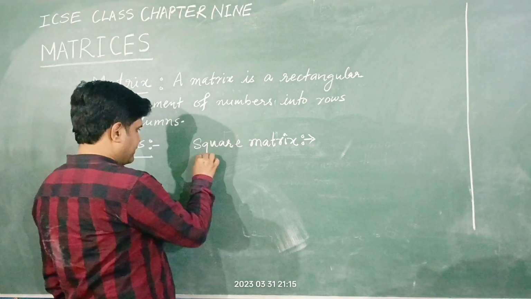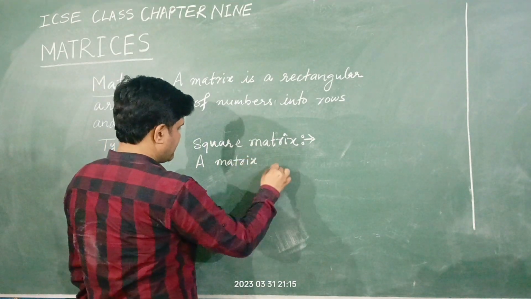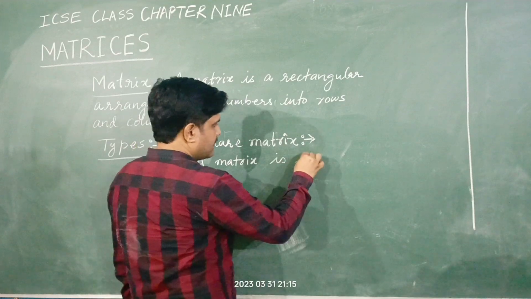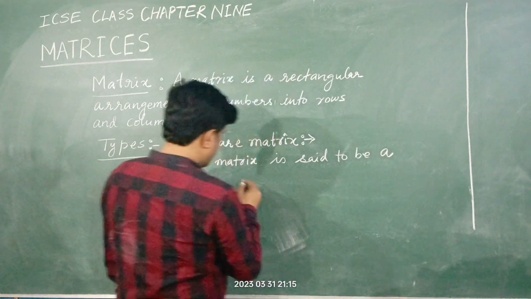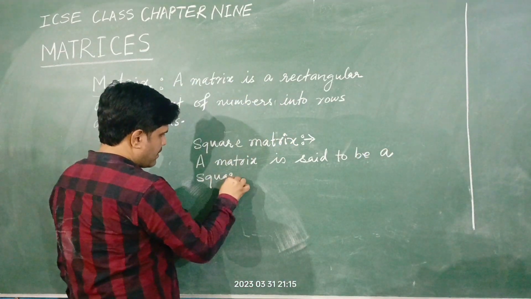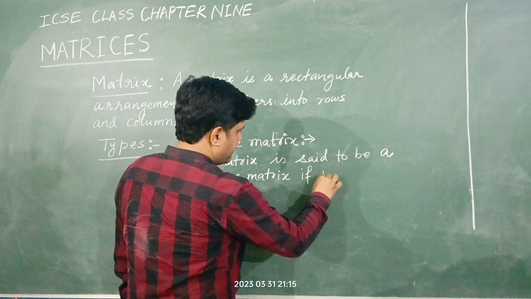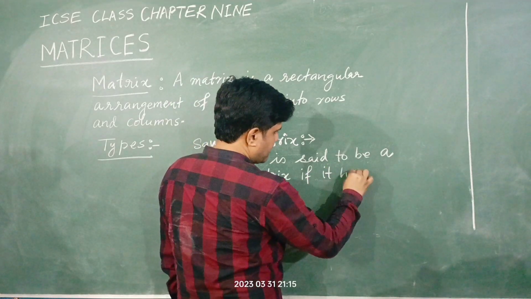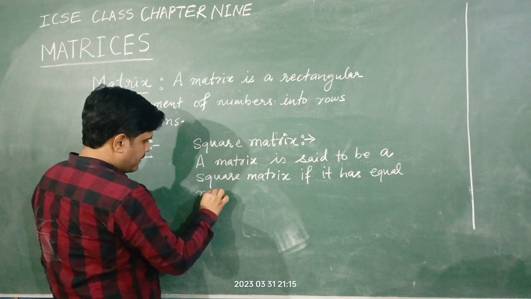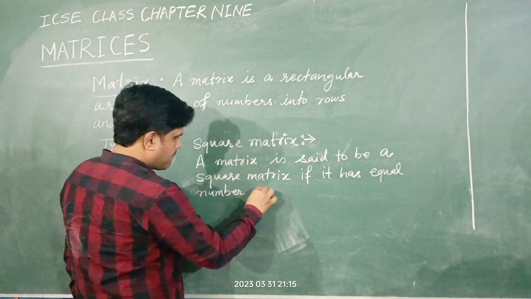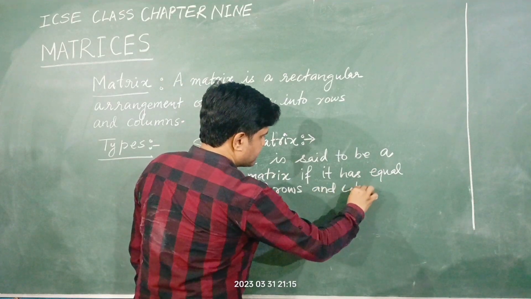For example, what's a square matrix? Let's go by the definition. A matrix is said to be a square matrix if it has equal number of rows and columns.